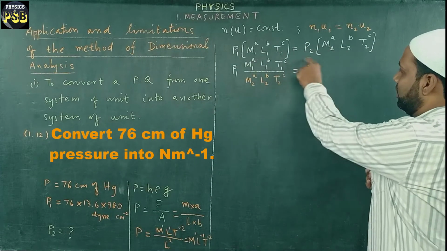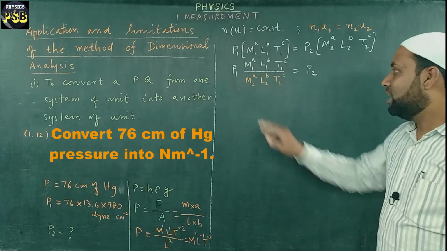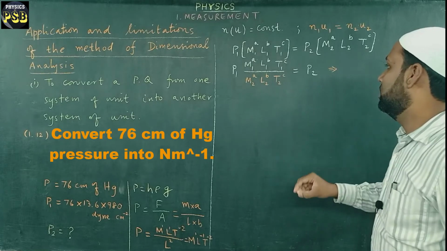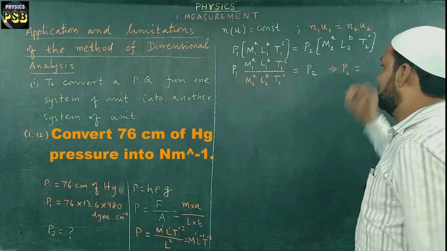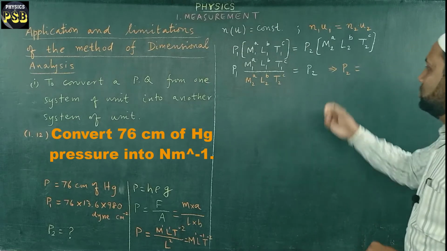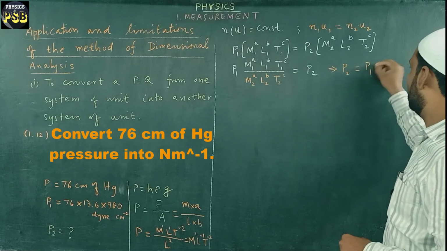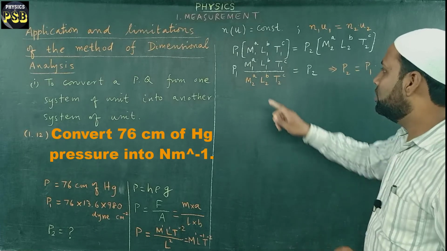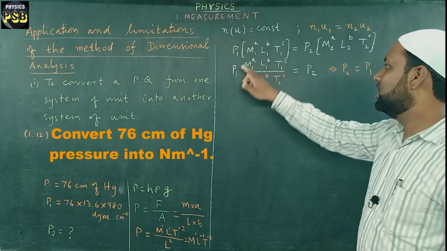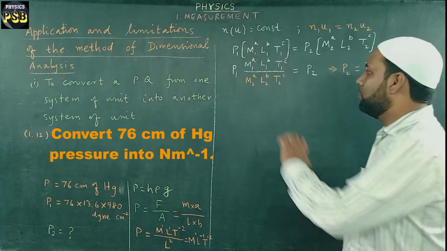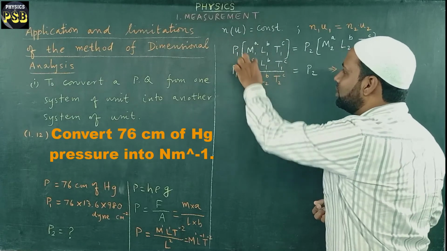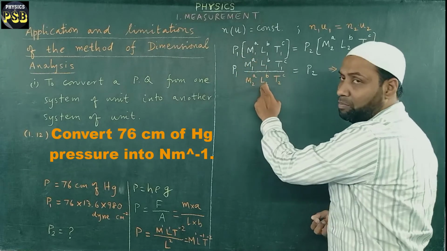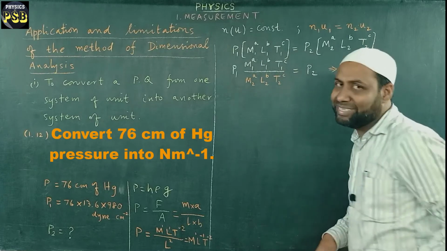You can take it to the left hand side and write this term on the right hand side for convenience. I write it like this: P2 is equal to P1 into, see what changes I am going to make now. If you look at this side of the equation, we find there are terms which have the same power. Now these two terms have the power a, these terms have power b, and these two terms have power c.